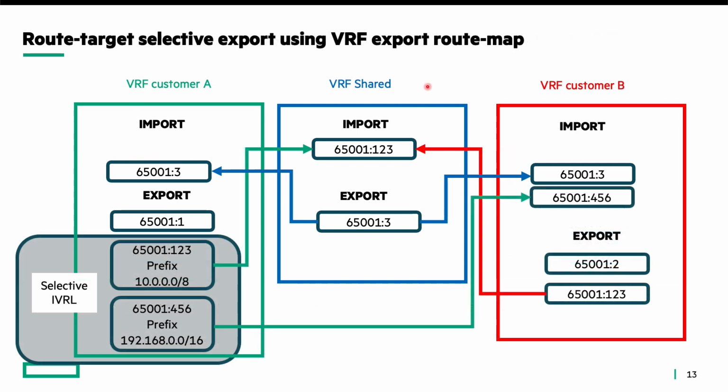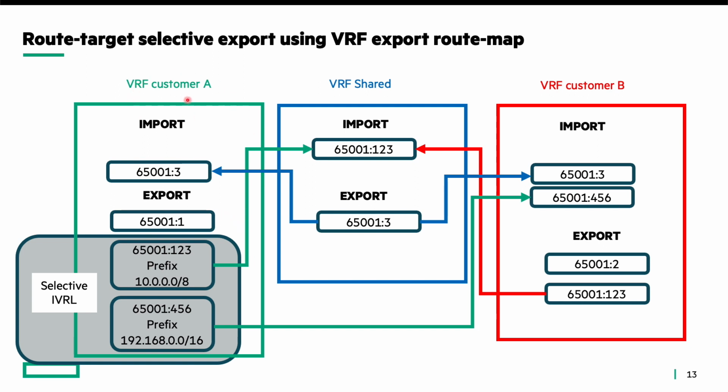Another concept that we are going to see later on is selective route target export, selective import. We'll see the use case later on, but it might be that we don't want to leak exactly the same prefixes to all ingress VRFs.